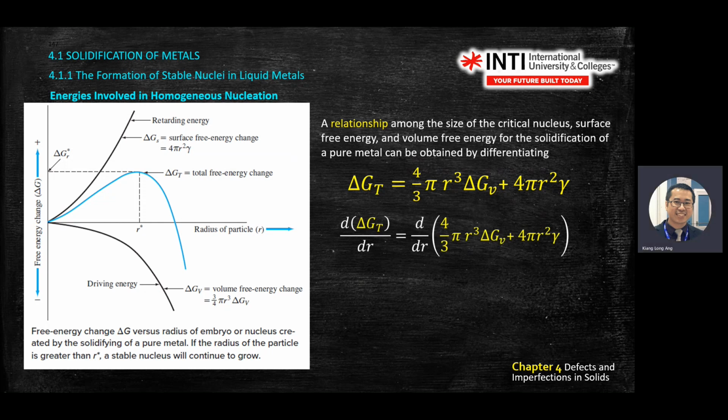If you want to find the relationship between the energy and r, or the gradient of the energy, it is a graph. Once you have the relationship between the energy and the radius, when you differentiate with respect to r, you can get the relationship between the critical size and the free energy.